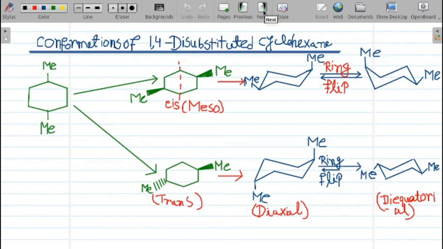Next we will discuss the conformations of 1,4 disubstituted cyclohexanes. Similarly, here we will work with 1,4 dimethyl cyclohexane.